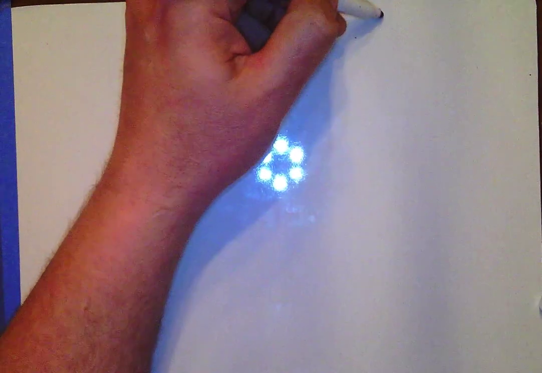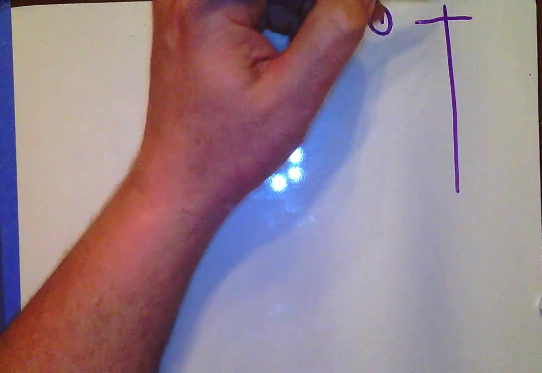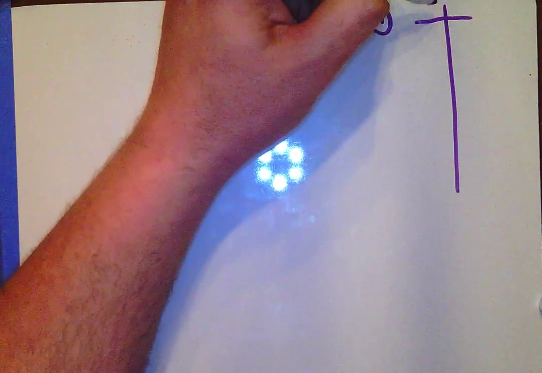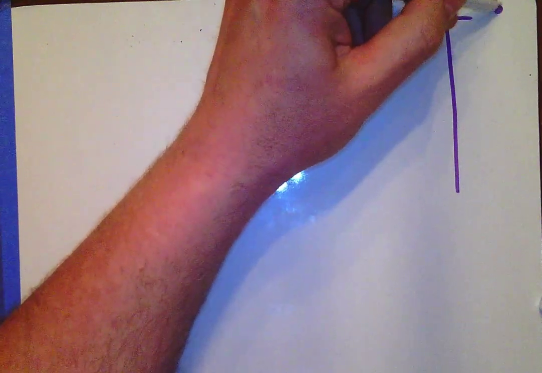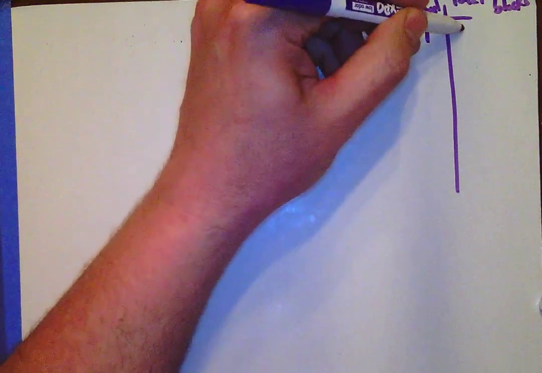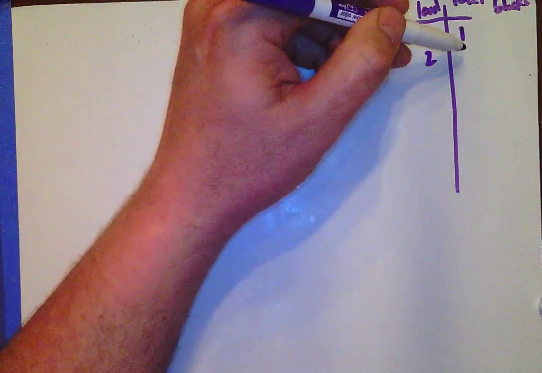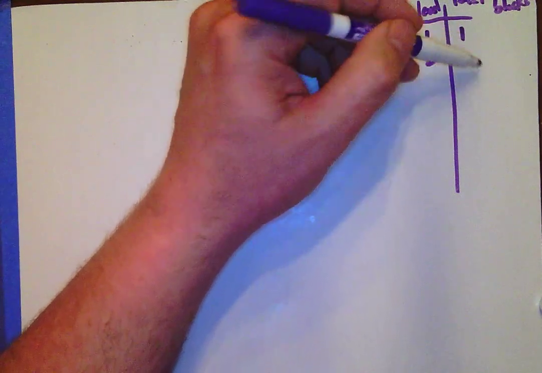Well, if I start by making a table, I notice that we have level and total blocks. First level, 1 block. Second level, well, there's 1 block in the first level and 2 more in the second level, so that's a total of 3.